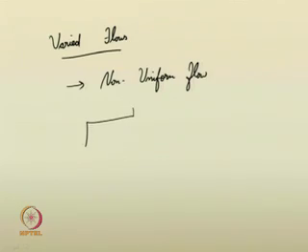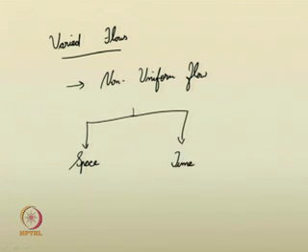Non-uniform flow is mainly based on how the uniformity of the flow condition varies with respect to space as well as time. If the flow varies with respect to time, it is called unsteady flow, and if it varies with respect to space, it is called distributed flow.